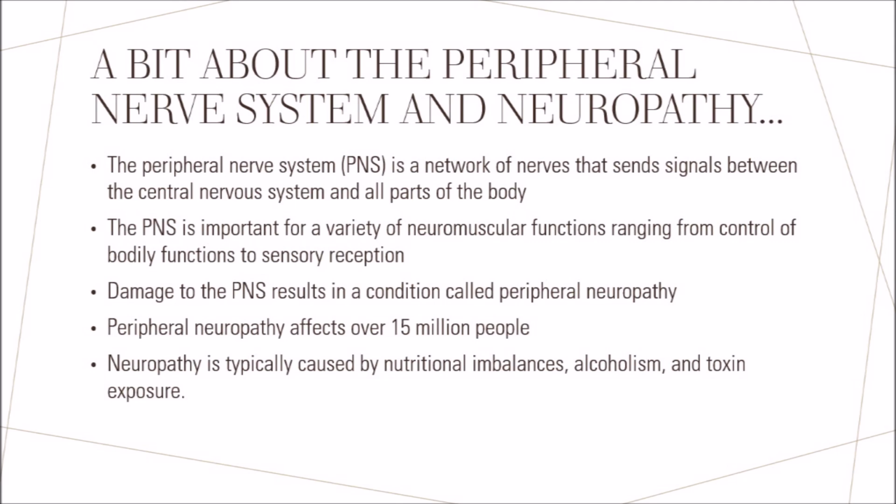The PNS is incredibly important as it includes many different functions ranging from control of bodily functions including bladder control and sensory reception. Damage to the PNS, otherwise known as neuropathy, usually occurs in different nutritional, vitamin imbalances, alcoholism, or overexposure to certain toxins. Neuropathy is incredibly common as it affects over 15 million people.